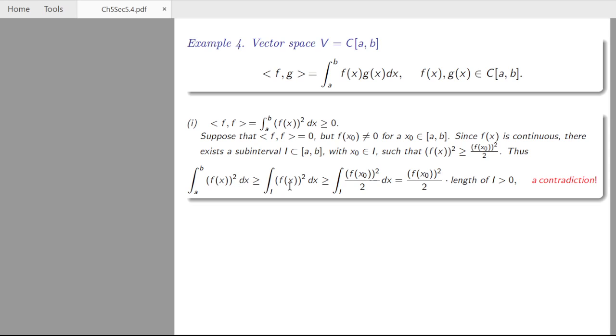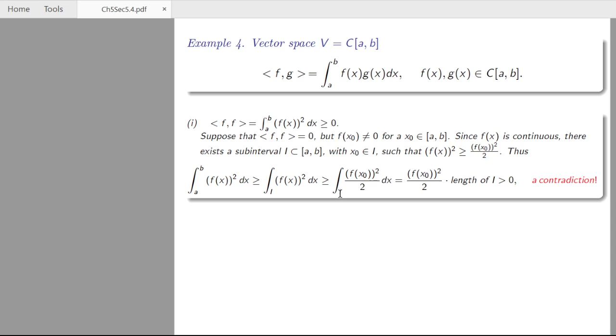And then we replace this square by this square over two, because earlier we got this inequality. Both the numerator and denominator are constants, so we can move this constant to the front, and what is left is the integral over I of dx.